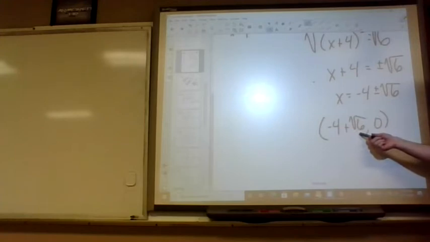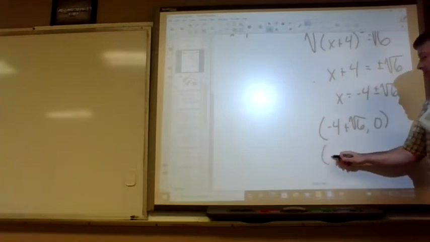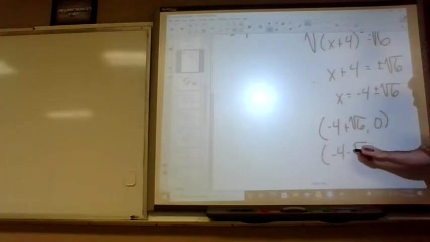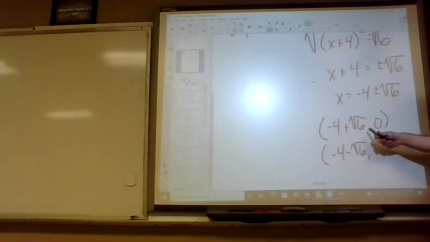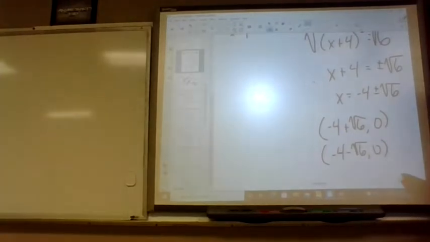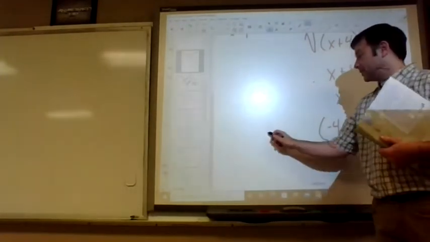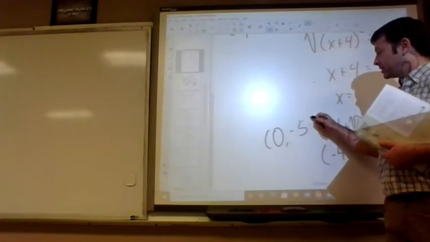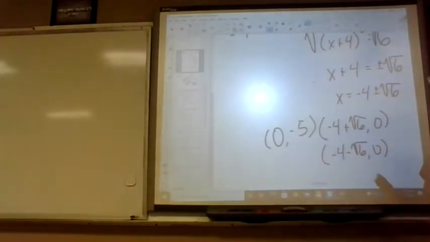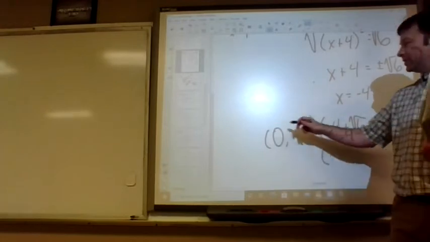That's an x-intercept. So how do we graph that? We're going to plug it in our calculator and change it to a decimal. Maybe we should have done that first, but this is the other x-intercept. I forgot the y-intercept, I erased it. 0, negative 5 is the y-intercept, and negative 4, 3 was the vertex.